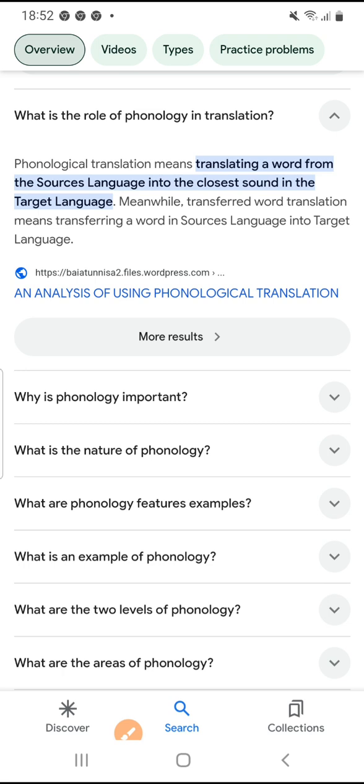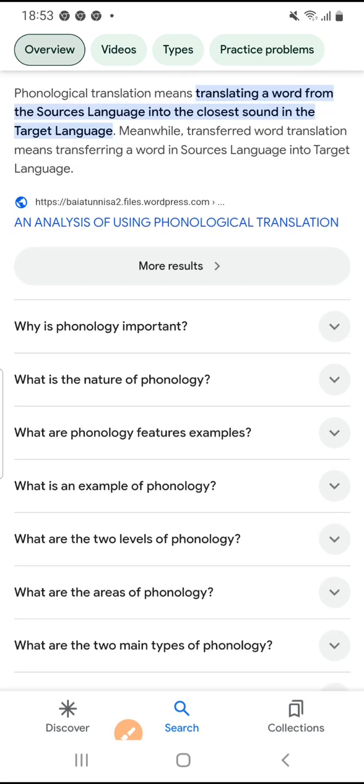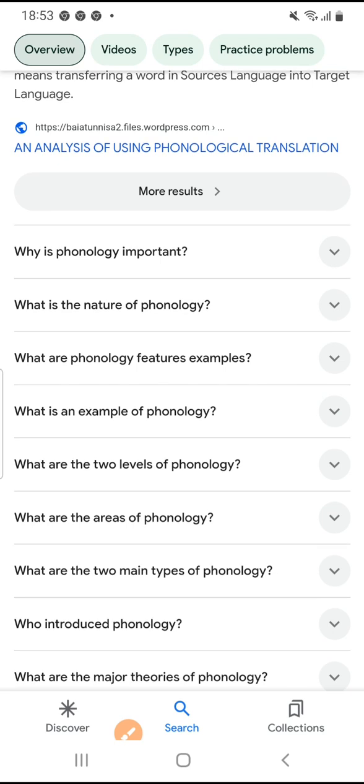Phonological transcription means translating a word from source language into target language. That is the main role of phonology. Transferred word translation means transferring a word in the source language into the target language, right?